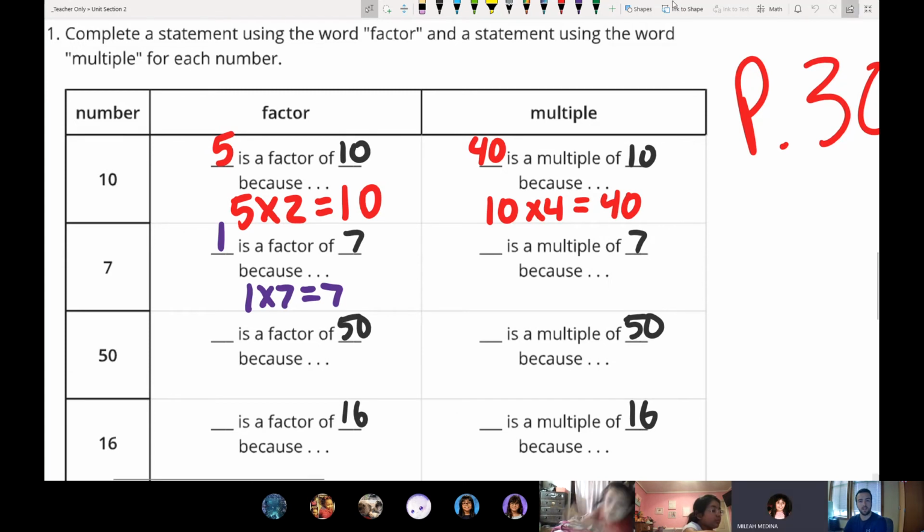So remember up here for 10, we said 40 is a multiple of 10 because we could skip count by 10 4 times to land on 40. So 10 times 4 equals 40. What's something that we could skip count by 7 and land on?